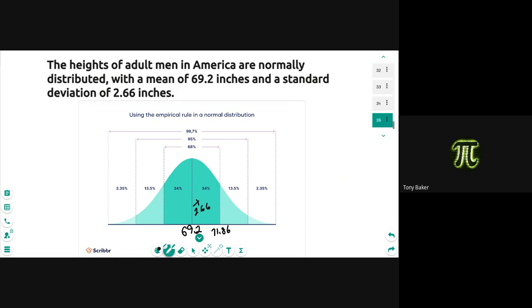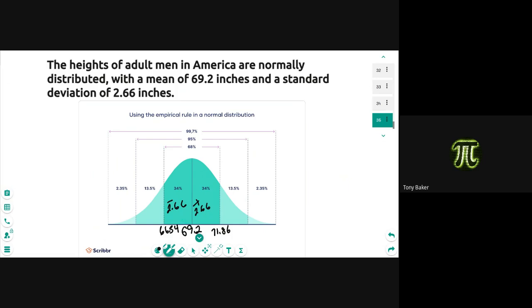The other direction, we're going to subtract 2.66. So, okay, somebody do that real quick for me. 66 point what? 0.54? 52? 54. Okay.